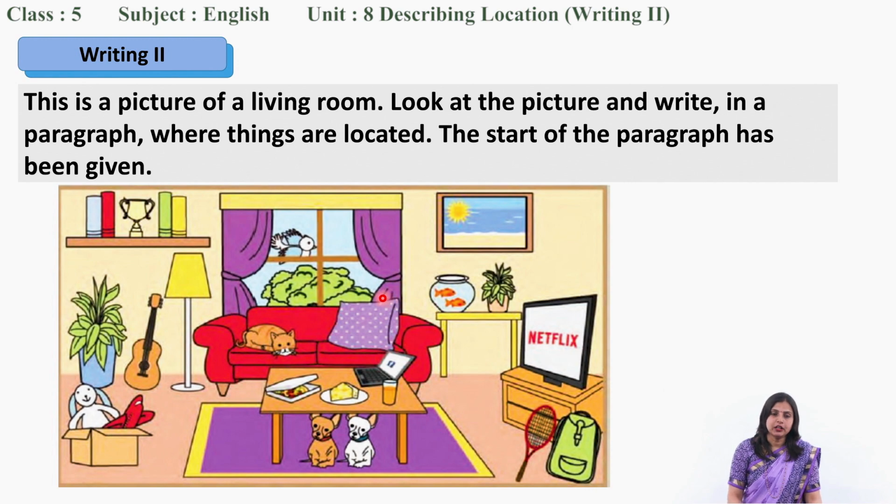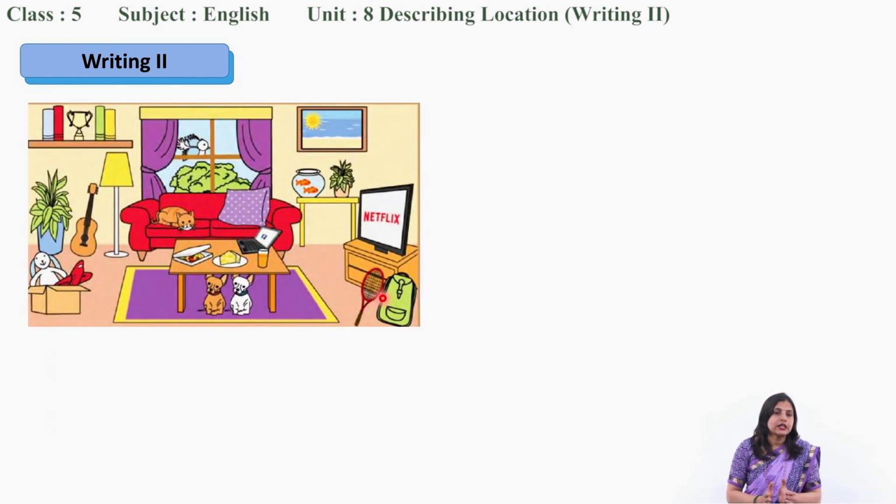So first of all, let us find out what things are there in the room. What things are there? Tell me. Okay, so there is a sofa, and then, okay, so there are 2 animals here. What are they? Yes, dogs. And then there is a television also. Very good. Now then, yes, there is a guitar also. Okay, and there is a big lamp.